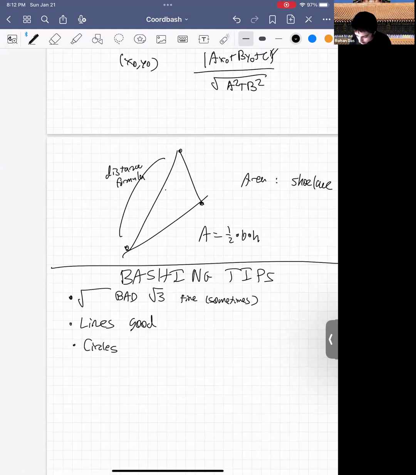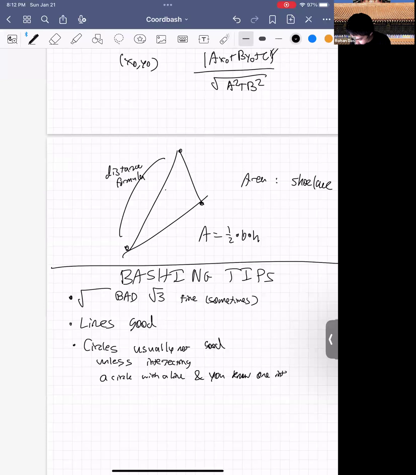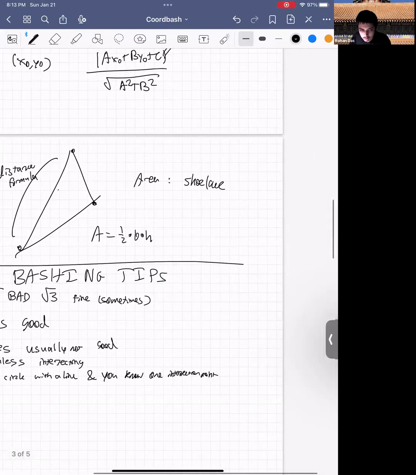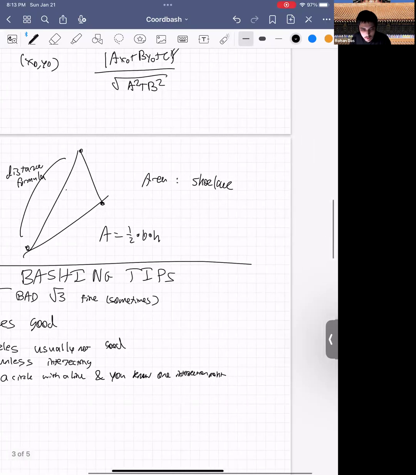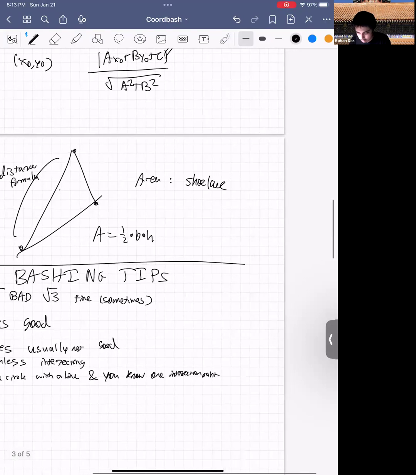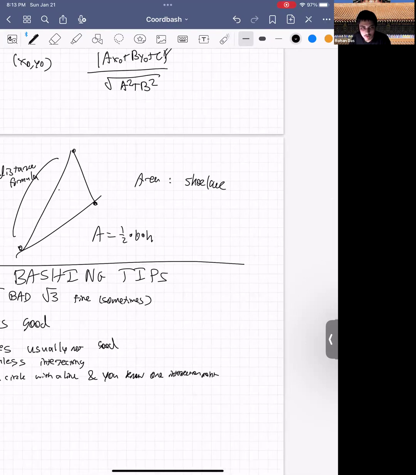Circles are usually not good, unless you are intersecting either a circle with a line and you know one of the intersection points. Because then, if you think about how you would intersect a circle and a line, you have a quadratic expression in x and y, and you're plugging in something linear.